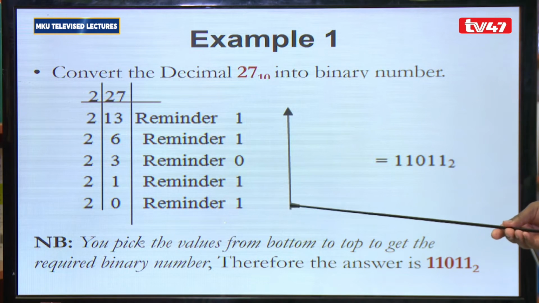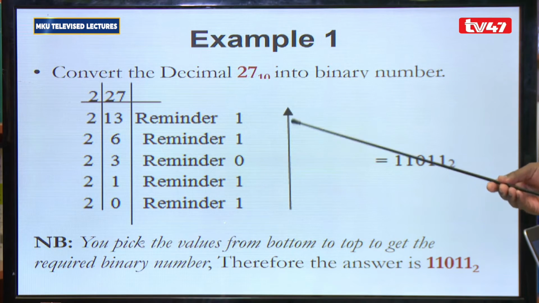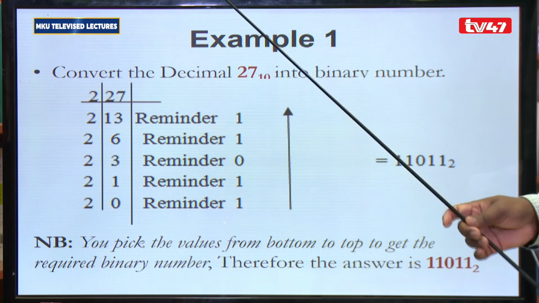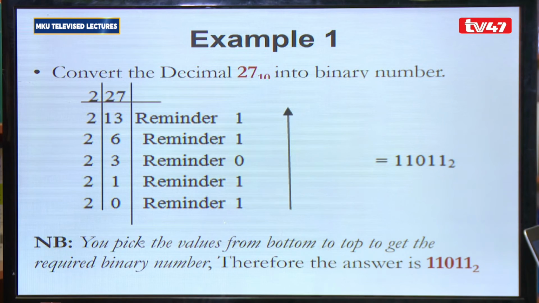Then you pick the values from bottom to top. You'll end up with the binary value. So the binary equivalent of 27 is 11011 base 2. Because it is a binary number, you'll end up with a base 2 number.